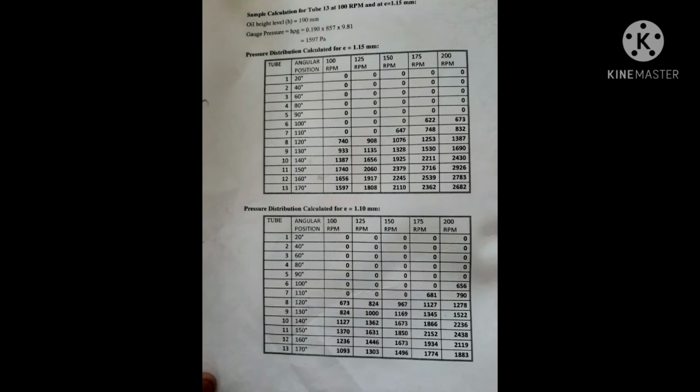There's an equation in your lab sheet. By using that equation, if you know the height of the tube and the speed of the journal, you can calculate the pressure at that point, right? So you should calculate for one set of data.